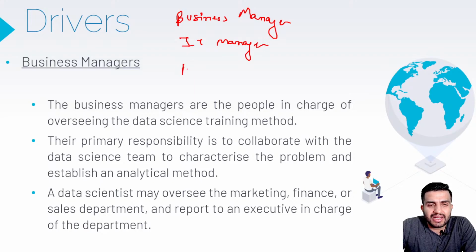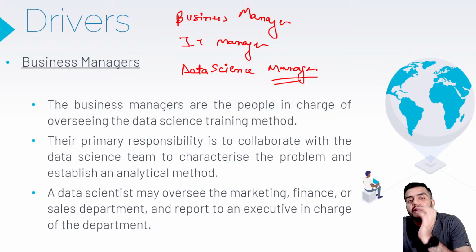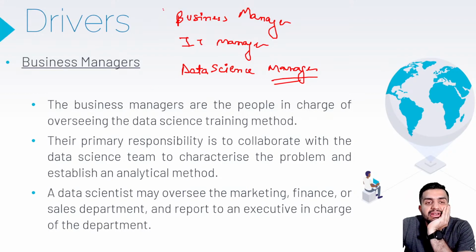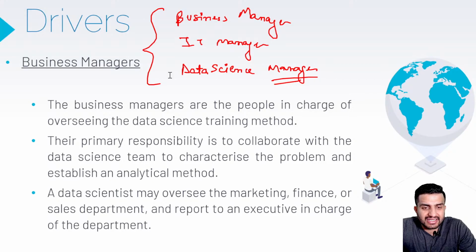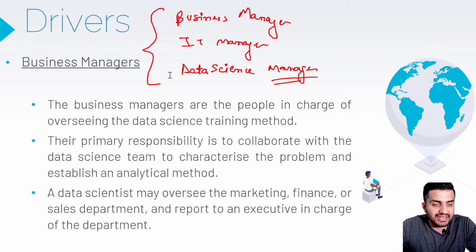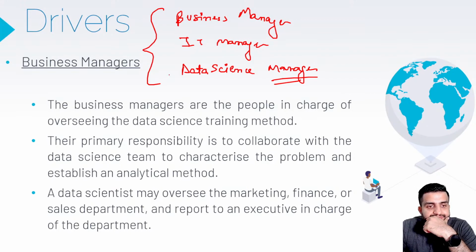And then we'll talk about the data science manager. These will be my prominent drivers, the key resources who are actually running the show. Running the show means taking the business, delegating to the team members, and then ultimately coming to a final proposed result for the team.